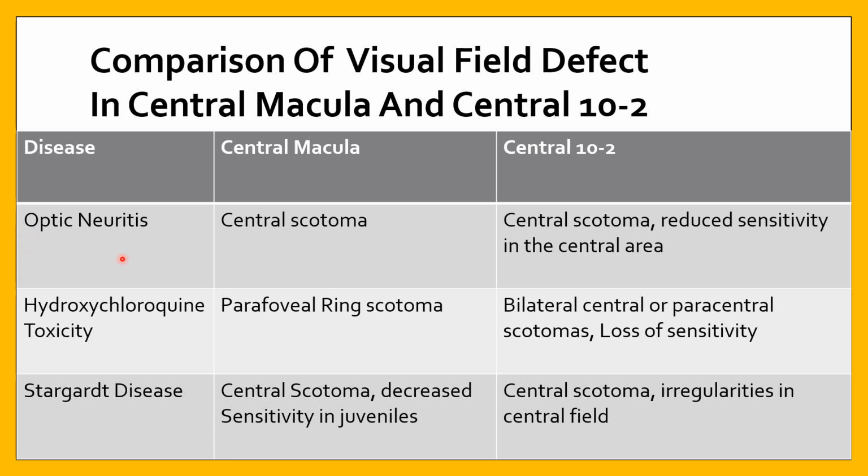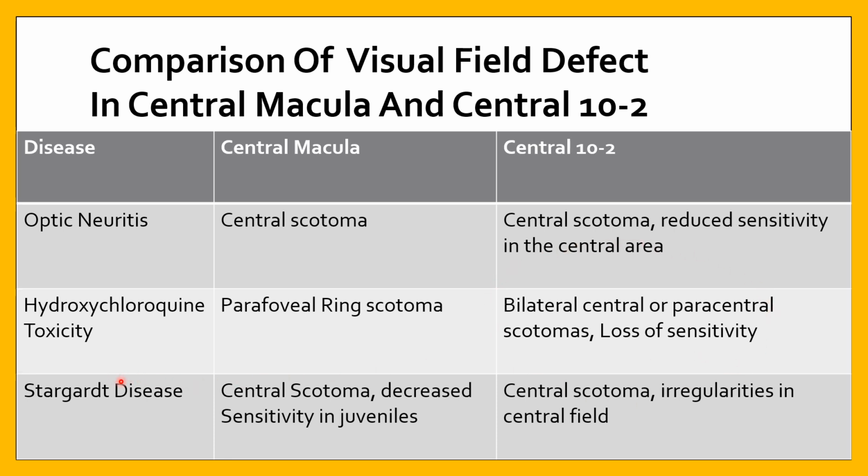In optic neuritis, a central scotoma can be seen in the Central Macula program, but in the Central 10-2 program, a central scotoma with reduced sensitivity in the central area can be seen. In hydroxychloroquine toxicity, a parafoveal ring scotoma can be seen, but in Central 10-2, there are bilateral central or paracentral scotomas with loss of sensitivity.